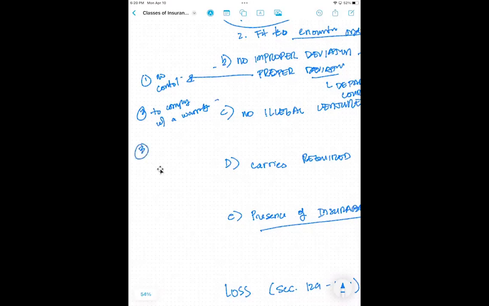In relation, third, when the deviation is necessary to avoid a peril. Let's say for example, nabalitaan nung captain na mayroong mga pirata. There were pirates sighted on the road.